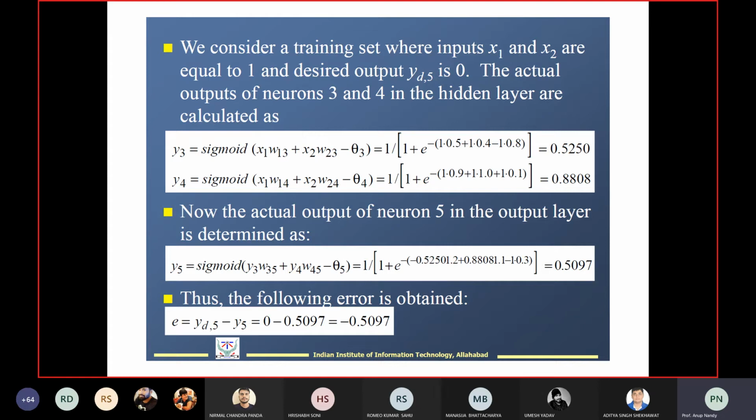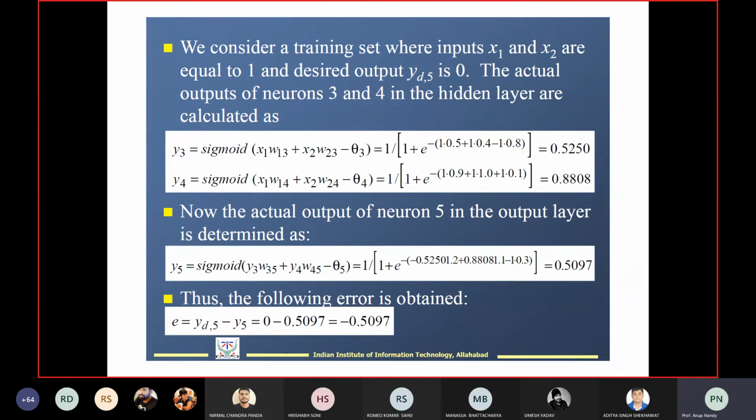Similarly for y4, it is 0.8808. So now the actual output of neuron 5 in the output layer is the sigmoidal of y3 into w35 plus y4 into w45 minus theta 5, that is 1 by 1 plus e to the power minus x. Then you can end up with this value.